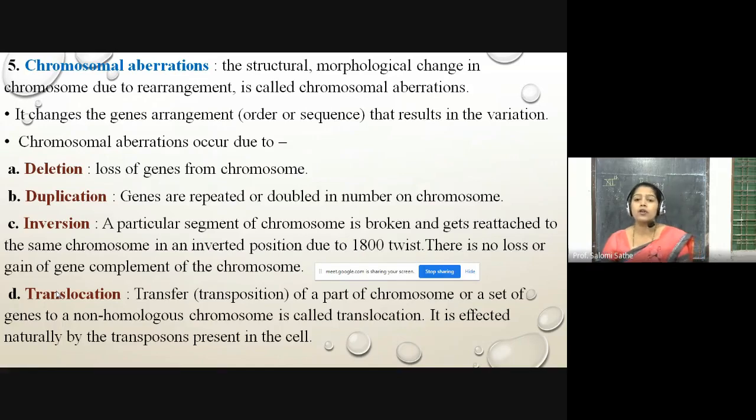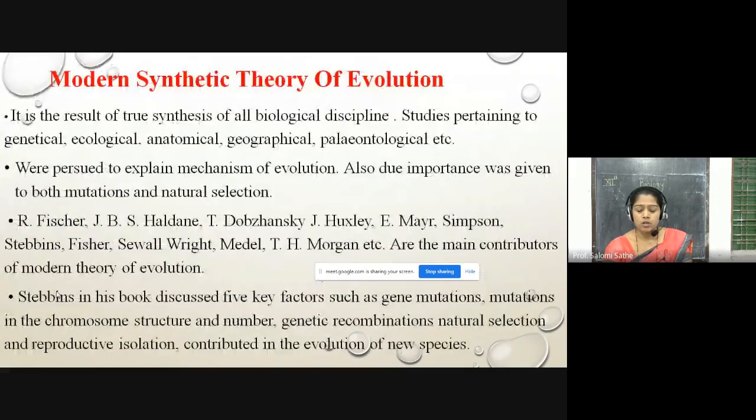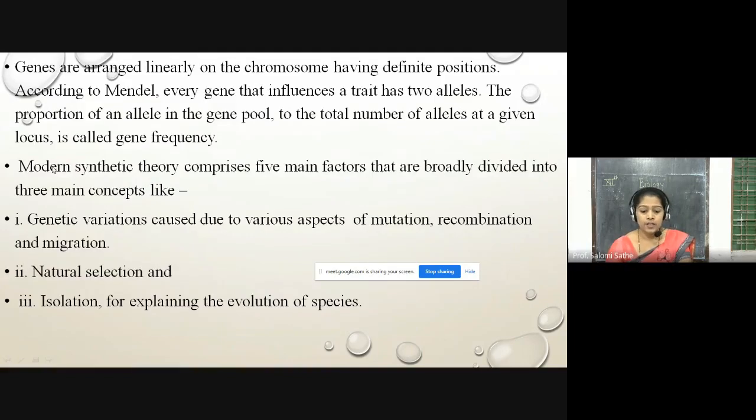I hope you understood the modern synthetic theory of evolution. Some terminology, factors, definitions and terms are important, for example gene pool, gene frequency. These are the 3 concepts: genetic variation, natural selection, isolation.